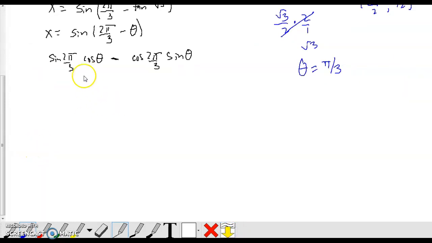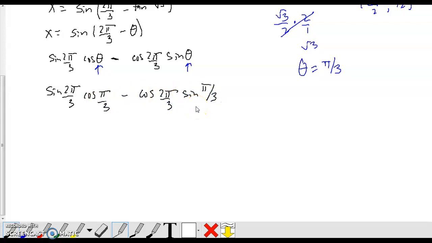Now I'm going to replace theta with pi over 3. This becomes sine of 2 pi over 3 cosine of pi over 3, plus cosine of 2 pi over 3 sine of pi over 3. Now let's replace. 2 pi over 3 is in quadrant number 2, so sine is root 3 over 2.